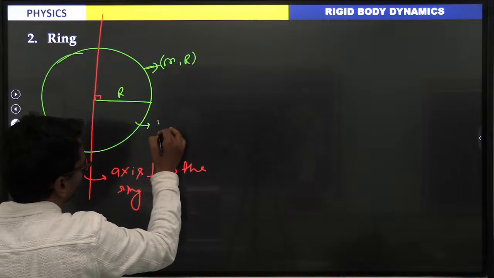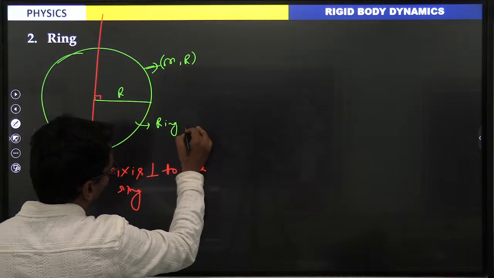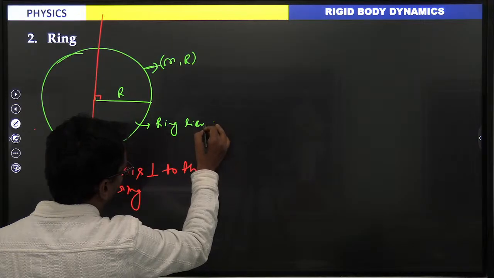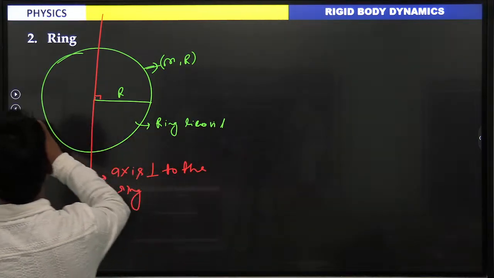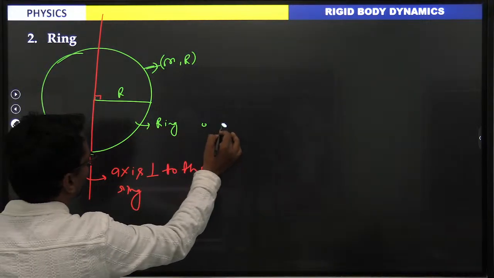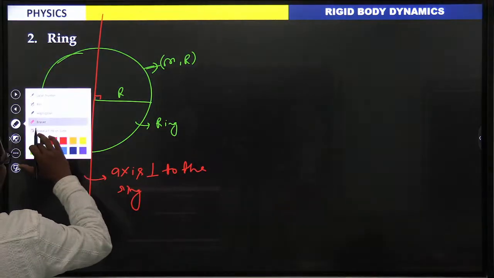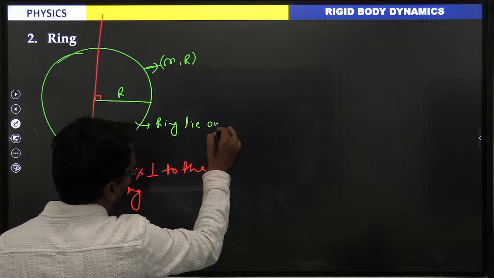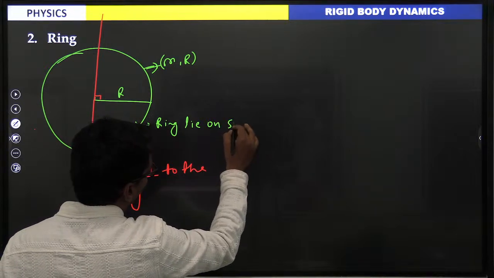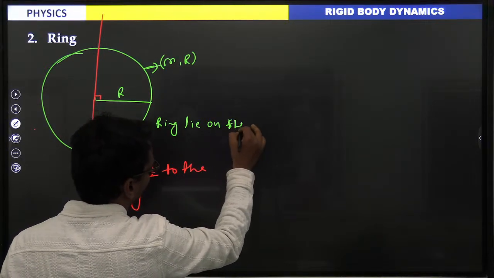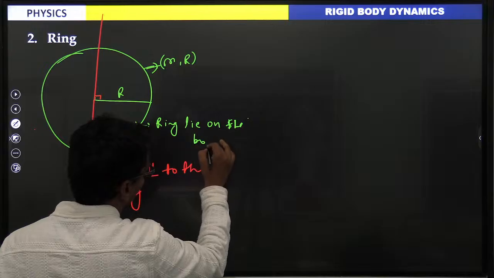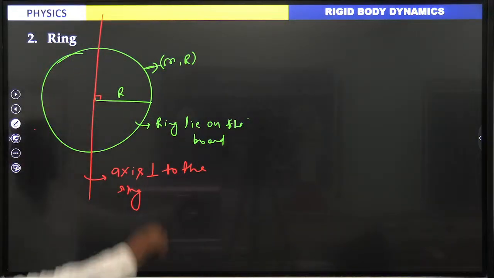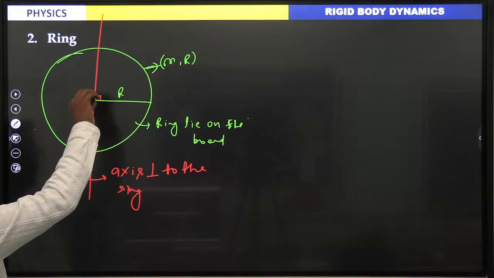And this ring lies on the board. This red axis is perpendicular to the ring, meaning in this way.